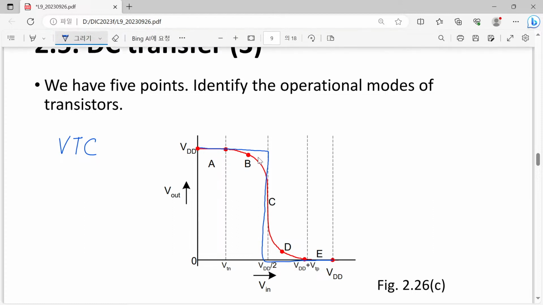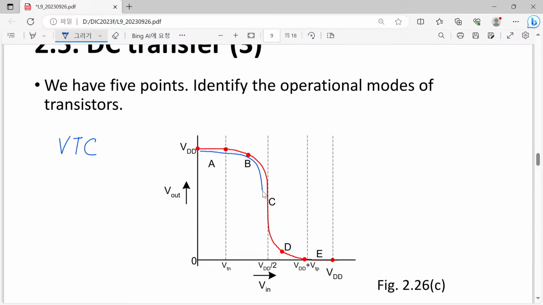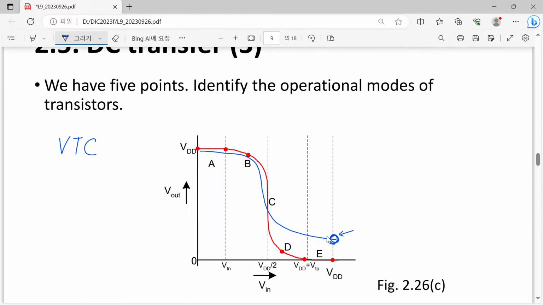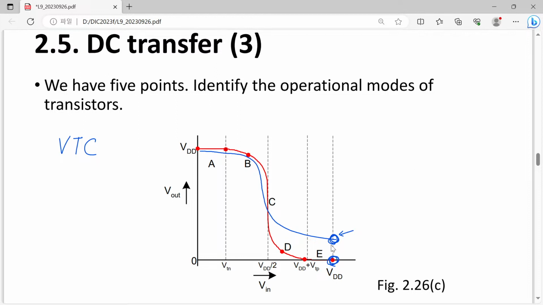Although not perfect, you can understand it is much better than something like this. So please make a comparison. This red one is from the CMOS inverter and the blue one from another way to implement an inverter. You can see that at least in this part we have a quite improved value. At least the logic value is always 0 in this CMOS one. Also you can see that this is quite steep here. We have a very steep line here.